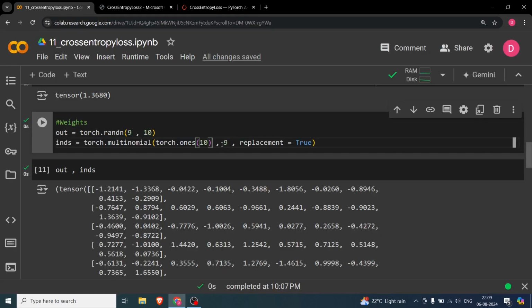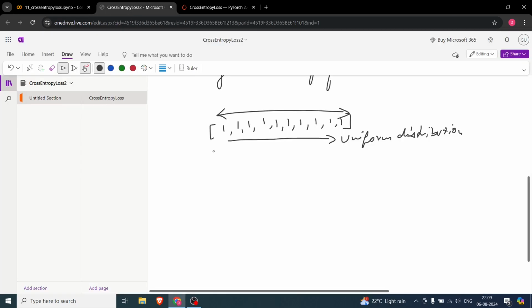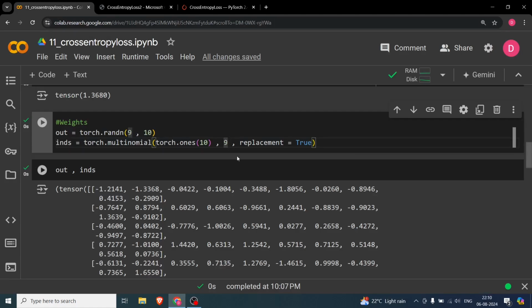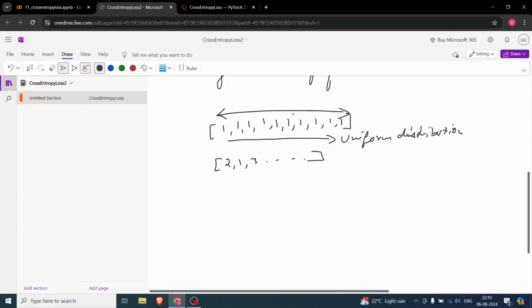Now this 9 is basically to take out samples 9 times from this distribution. This could be a distribution which is not uniform. It could be 2, it could be 1, it could be 3, and so on. But we are taking a uniform distribution and we are saying sample 9 times out of this.